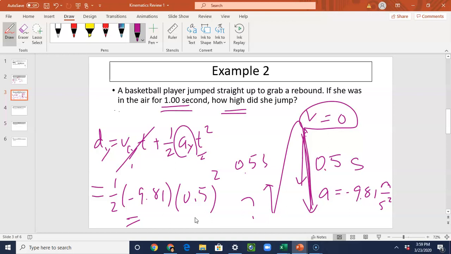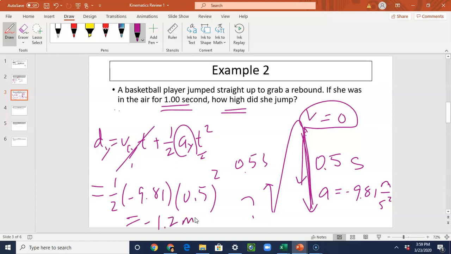So it's negative 1.2 meters, about. Again, what the negative means is the player is falling down from the highest point downward. Negative does not mean it's less than 0.